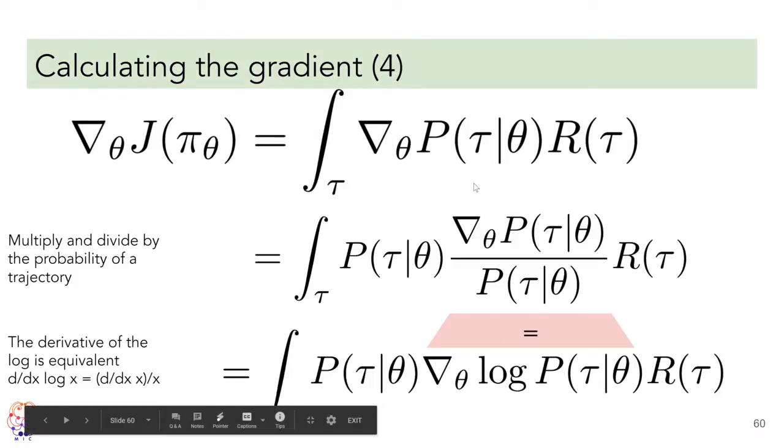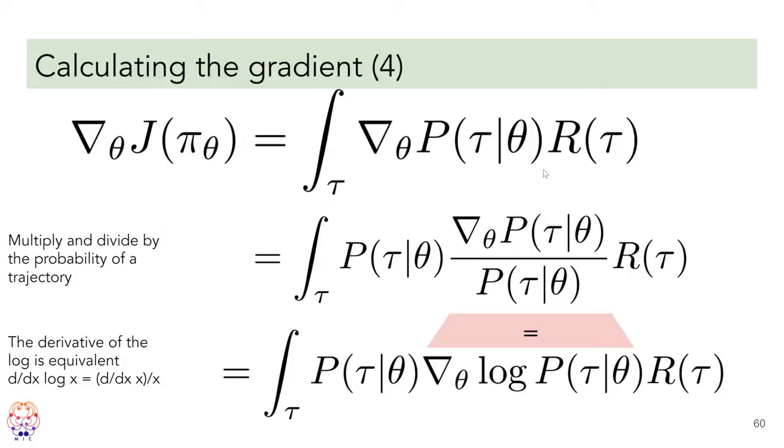And then from here, we take the probability and we multiply it by the probability of the trajectory over the probability of the trajectory. And so that would be 1, so this cancels out to this.